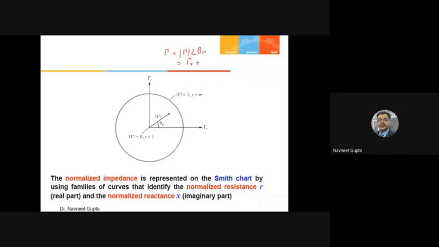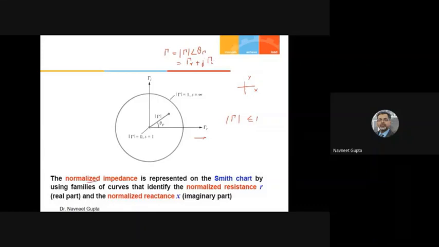As in a normal graph, you have an x-axis and a y-axis. Along the x direction you have gamma r, and this is gamma i. It is plotted in a circle where the magnitude of gamma is less than or equal to 1. Now, the first thing that we do is calculate the normalized impedance.